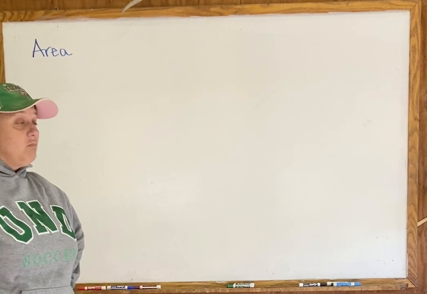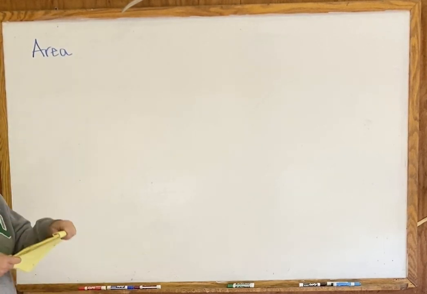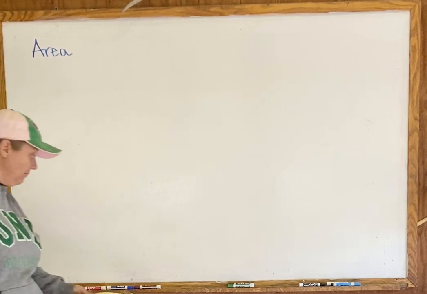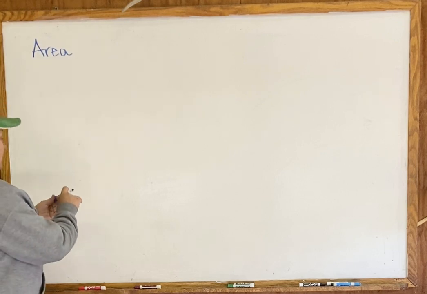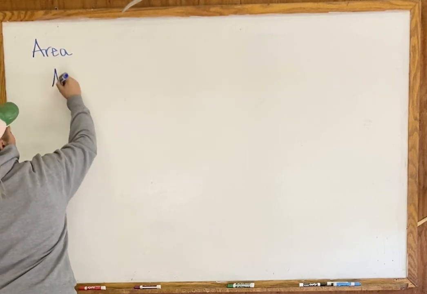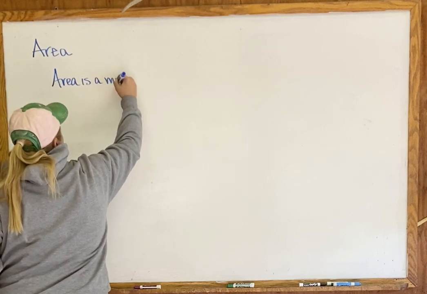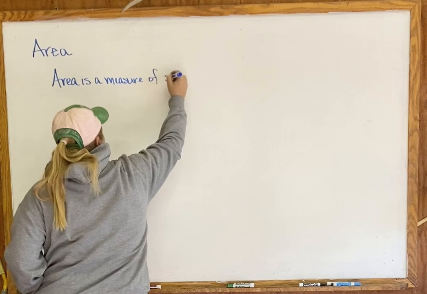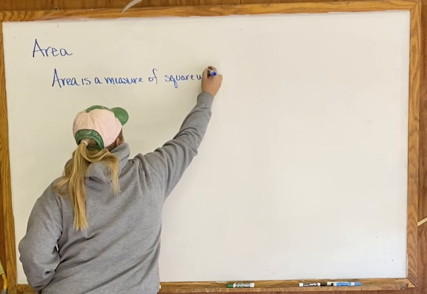Well, another day. We started with perimeter, and now we are going to move to area. So, let's get going with area. It's important to understand that area is a measure of square units.